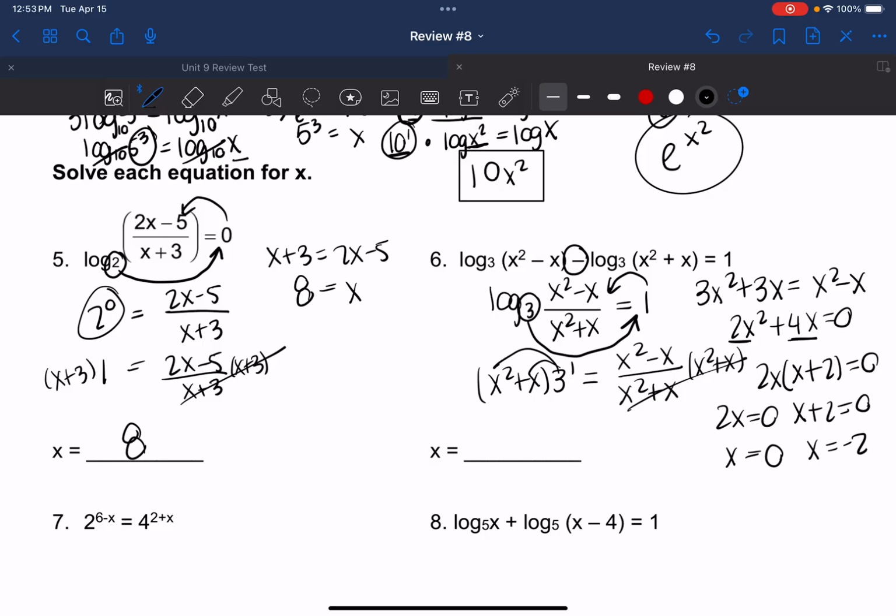So I go to check my answers, and my negative 2 works, so I have x equals negative 2.